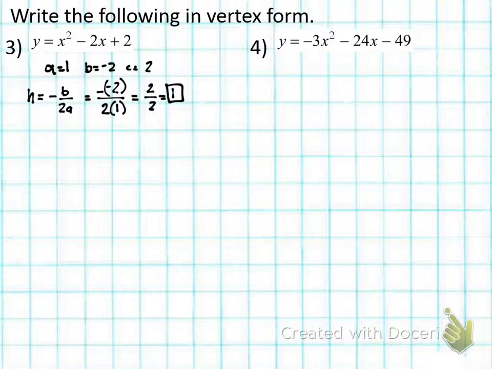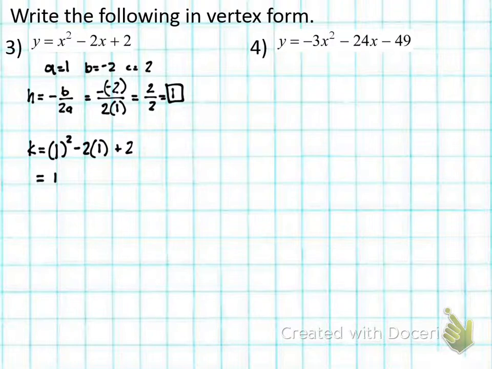Okay. And then we need to find our k. In order to find k, you plug it back into the whole equation. So we say k is equal to x squared minus 2x plus 2. Instead of x, we're going to use 1. So it's going to be 1 squared minus 2 times 1 plus 2. Okay? 1 squared is 1.